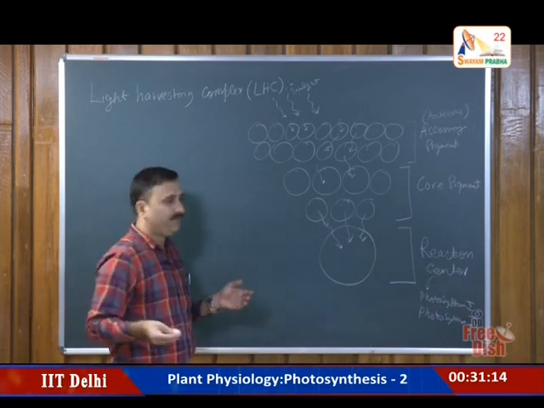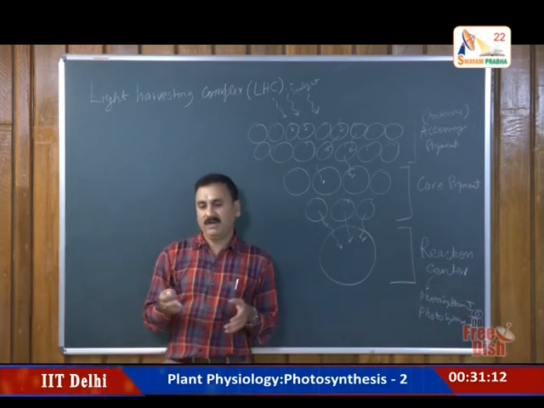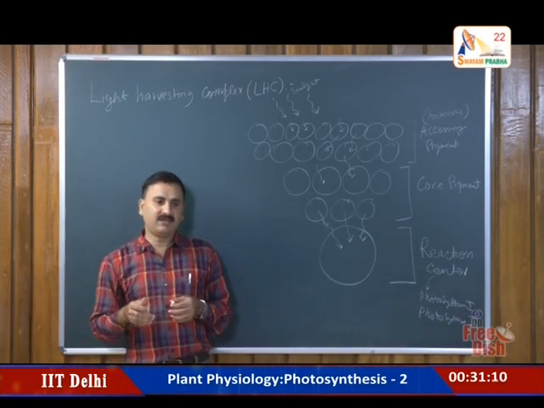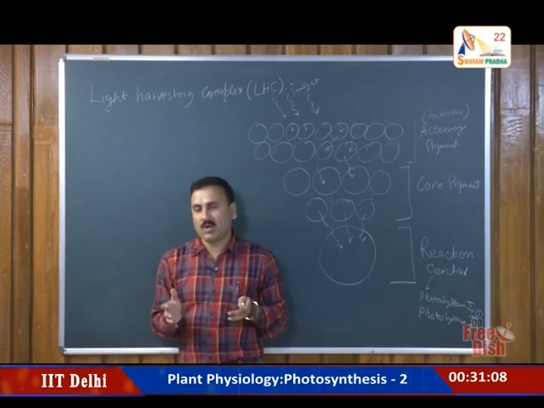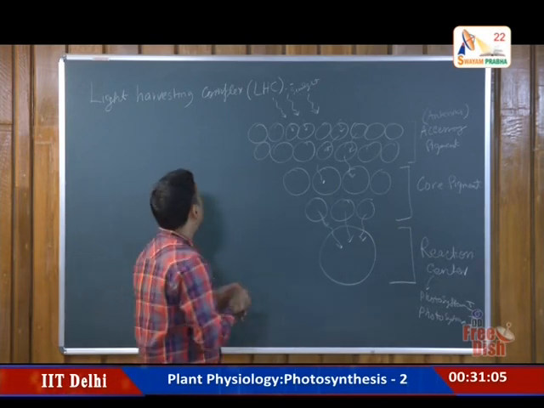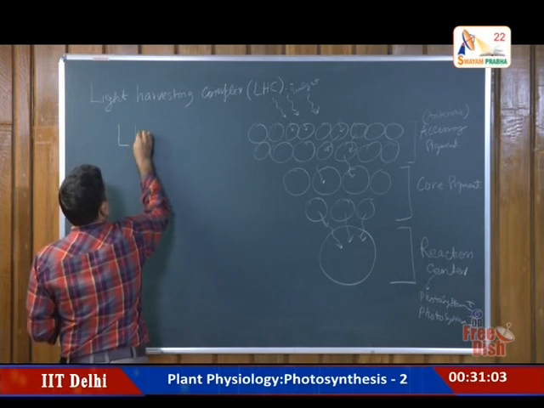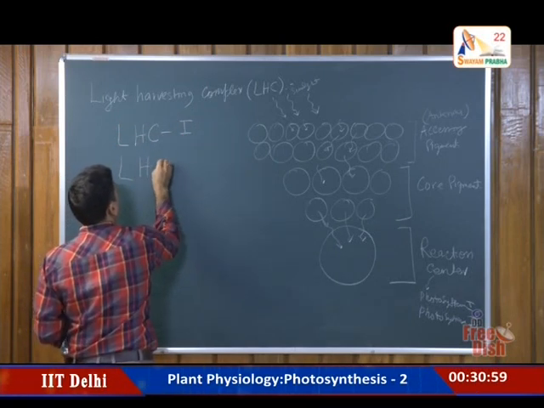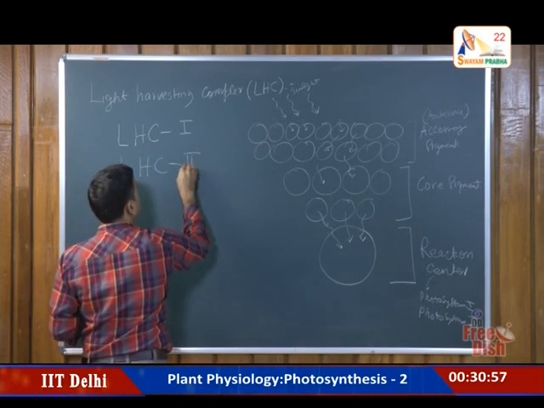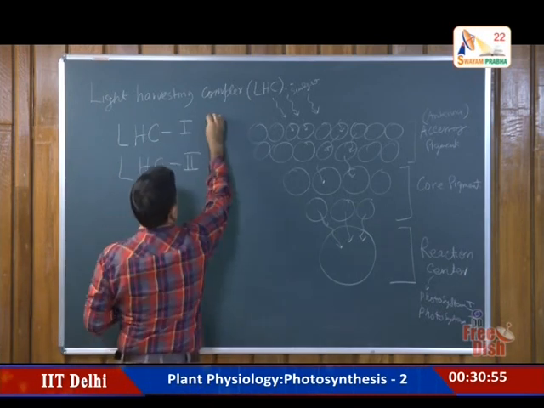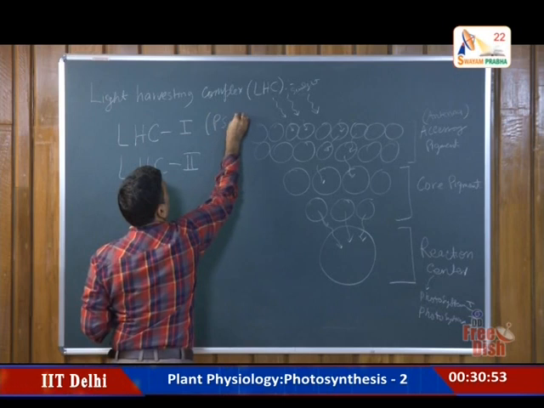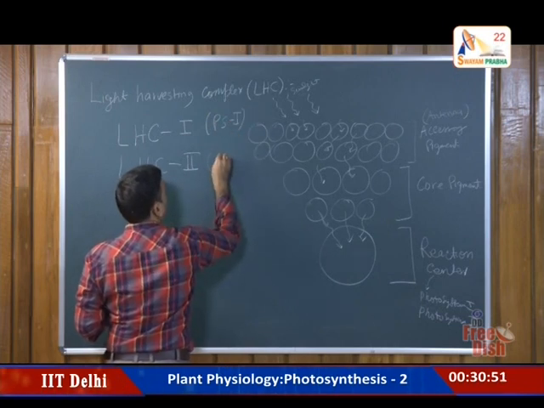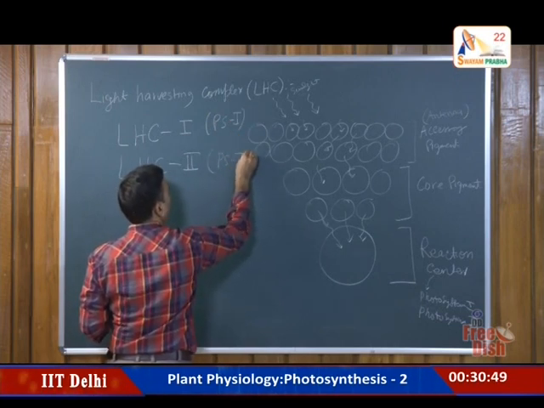Accordingly, we have two different types of light harvesting complex, called light harvesting complex 1, LHC1, and LHC2. LHC1 contains photosystem 1 and LHC2 contains photosystem 2.